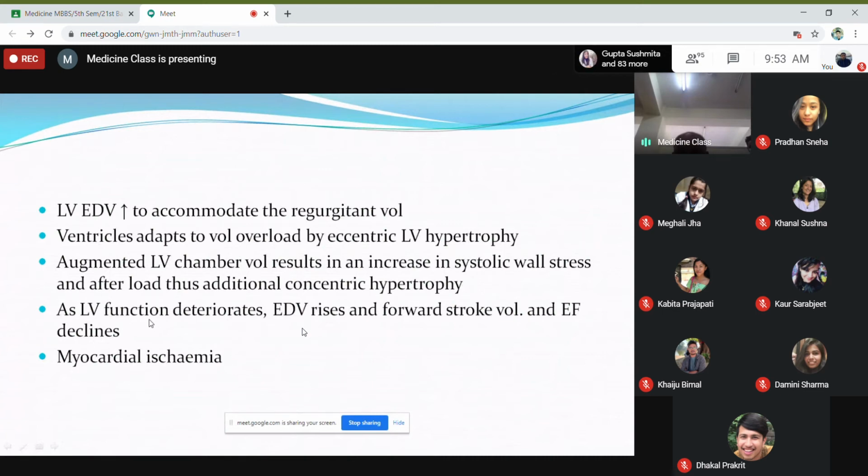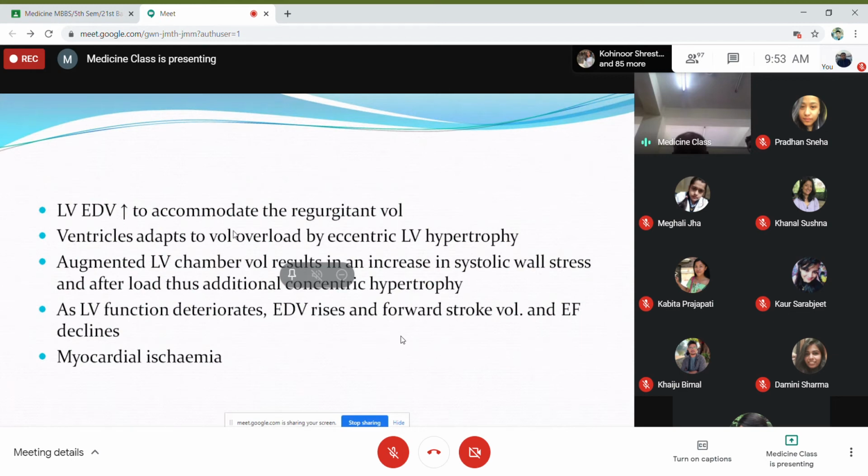Because of the volume overload, you will have left ventricular hypertrophy. So when you examine a patient of aortic regurgitation, you'll find that the apex beat is shifted downwards and outwards because of the LV hypertrophy. And because of the volume overload, you will have a hyperdynamic apex beat.